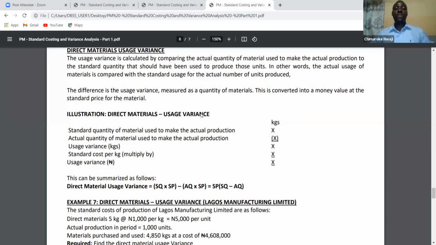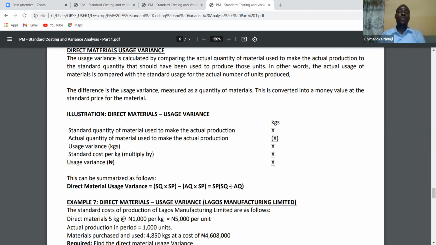That will give you the usage variance. If you look at the formula method, it's standard quantity times standard price, actual quantity times standard price. What is common to both of them is price, and the price must be standard. So you see quantity differs.